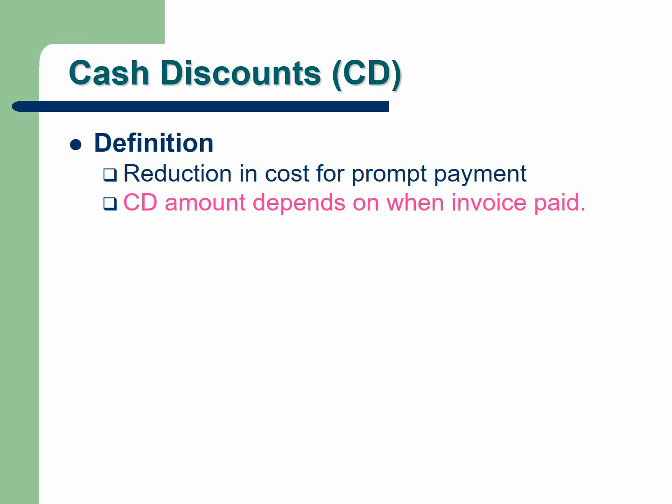When I explained the quantity discount and trade discount, I said those 2 discounts have nothing to do with the payment timing. Now, cash discount is completely determined based on the payment timing. So the payment timing is the important factor in deciding whether or not to get the cash discount and how much cash discount is received.